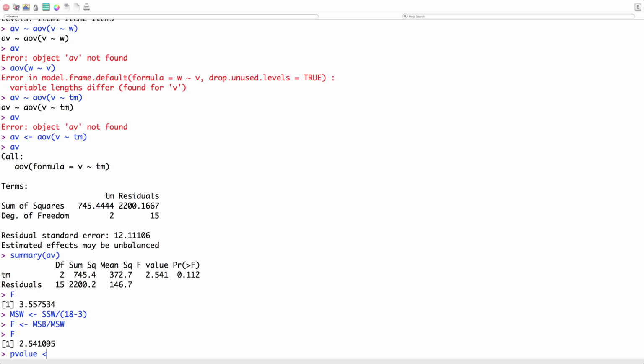And we could recalculate our p-value to be 1 minus pf of 2.541095, with df1 equals 2, df2 equals 15.